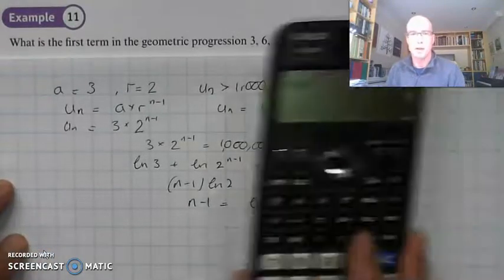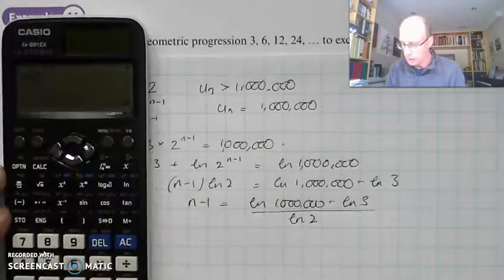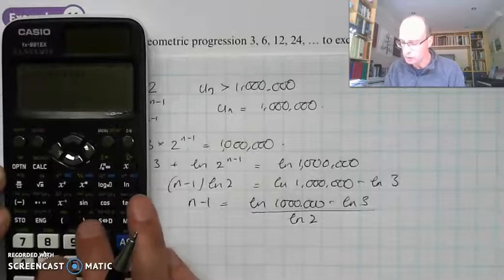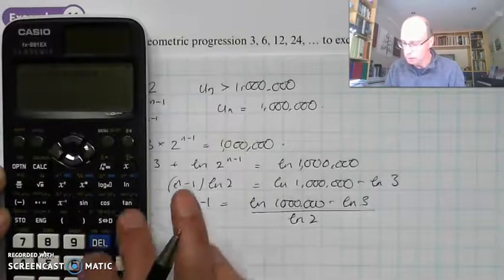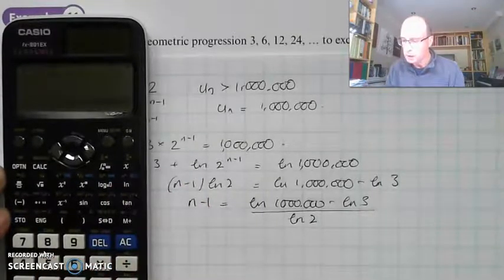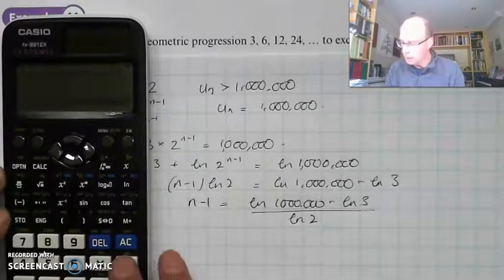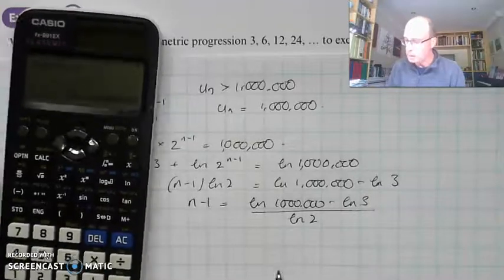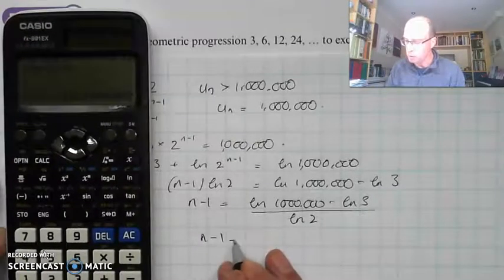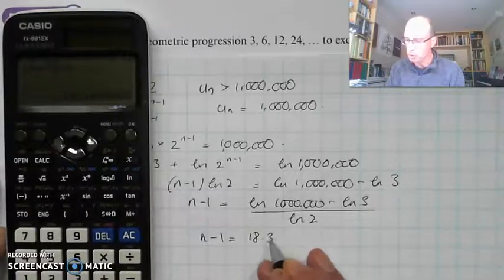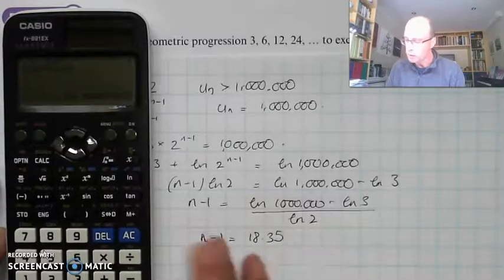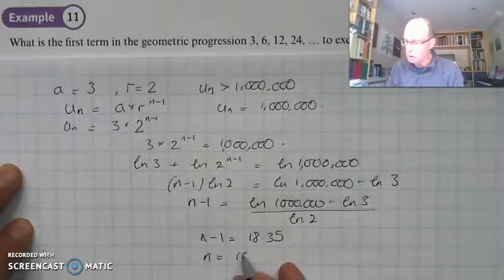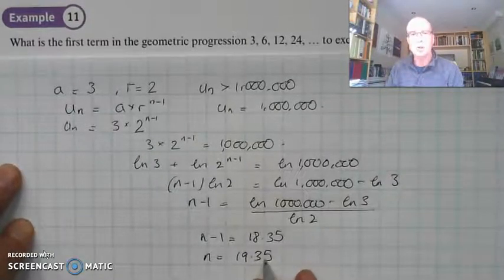Let's pop that into the calculator. So log of 1,000,000 minus log 3 gives me 12.71. If I divide that by log 2, that's going to give me 18.34. So n minus 1 is equal to 18.35. n is going to be equal to 19.35.